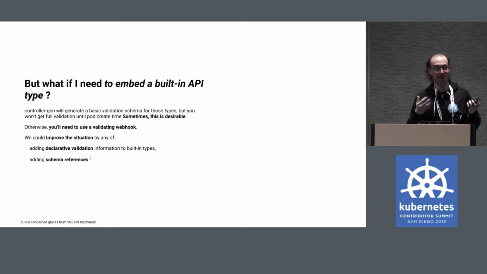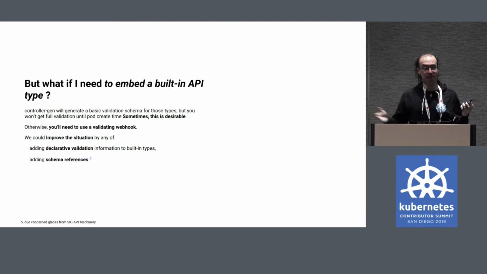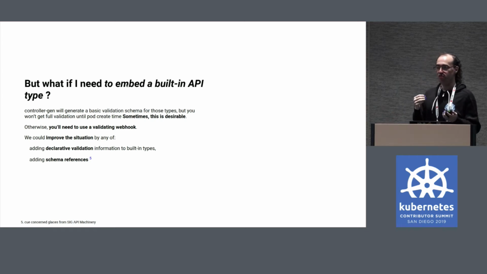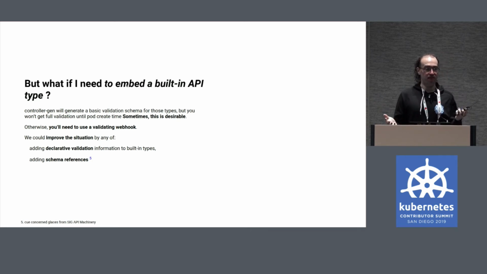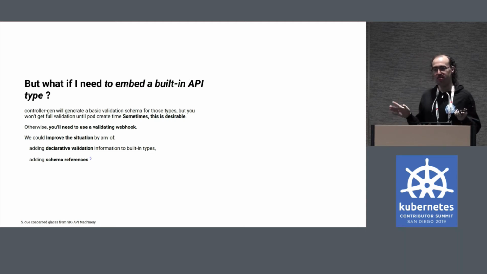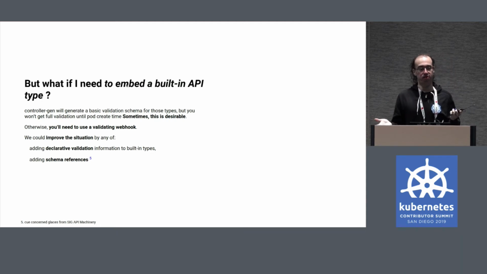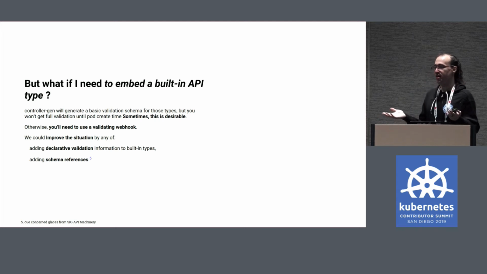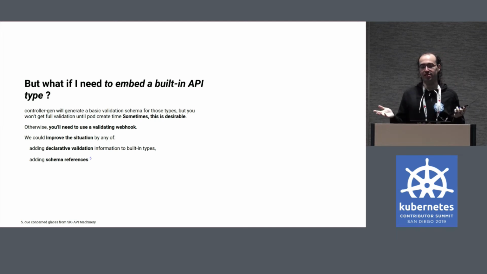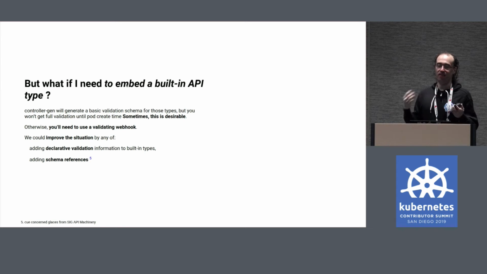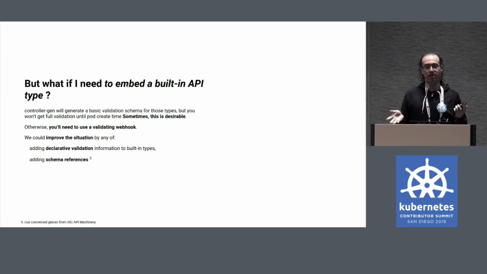Think of the stereotypical deployment or replication controller case where we want to say this thing creates pods. You get the basic validation, but you don't get any of the more complex stuff, like this field is an enum. Sometimes this is acceptable, but a lot of times you want to warn your user ahead of time. For this, you either need to fall back to a built-in API, or use a validating webhook that does a dry run against the API server or some such.